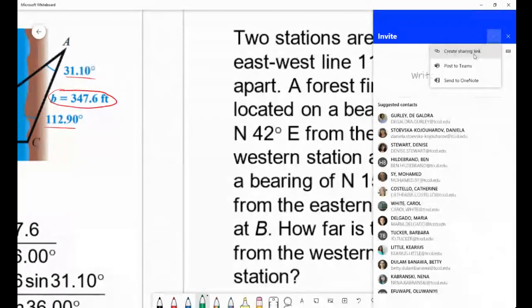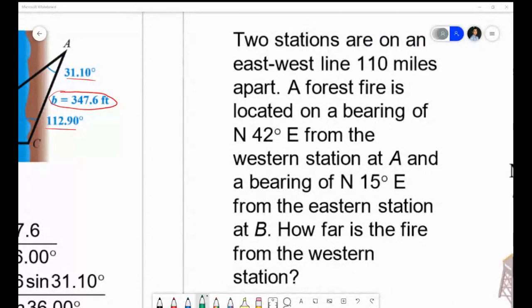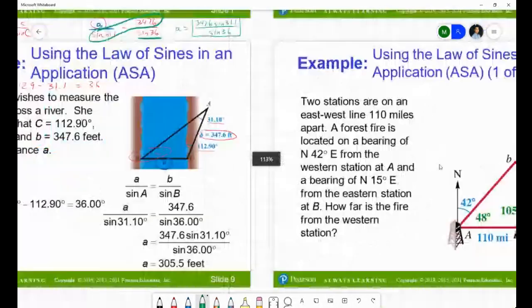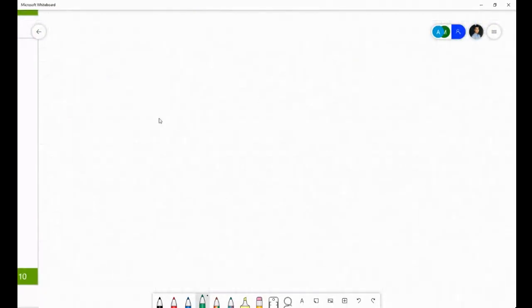Are you guys in the whiteboard? No? Come to the whiteboard, and without peeking, try to draw it somewhere out here to the right of the problem.